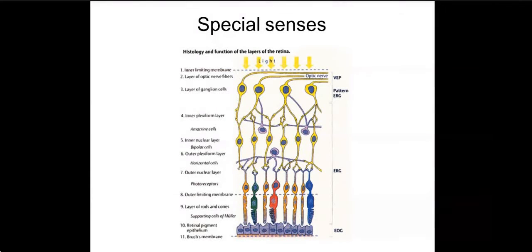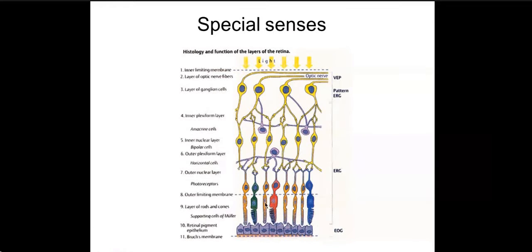Then come the cell layers of the retina. There are actually 5 cell layers, right? These are the main 5 cell layers I am telling about. The first layer is the photoreceptor cells, maybe rods, maybe cones.